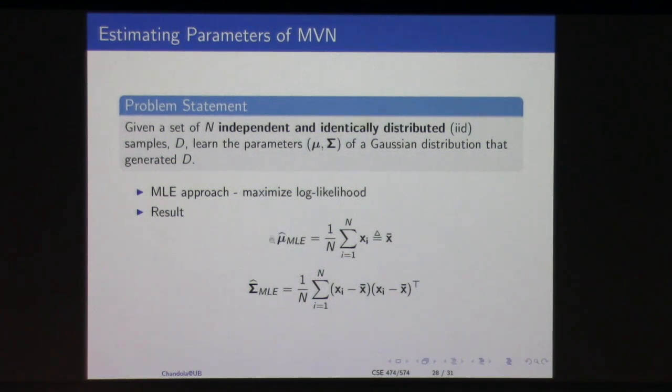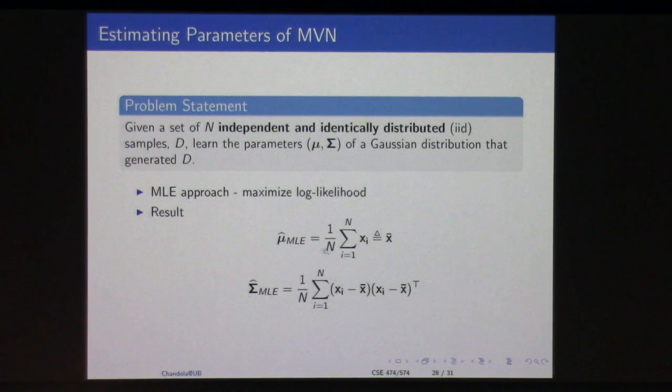This is the mu hat, for the mean, and that actually looks like just the sample mean, right? So MLE, as I said last time, does a very intuitive thing. Even in the case of coin tosses, the MLE estimate for theta was just the number of heads divided by the total number of trials.